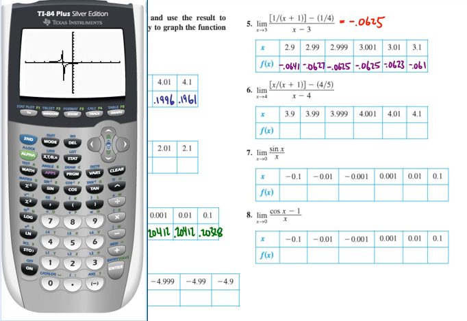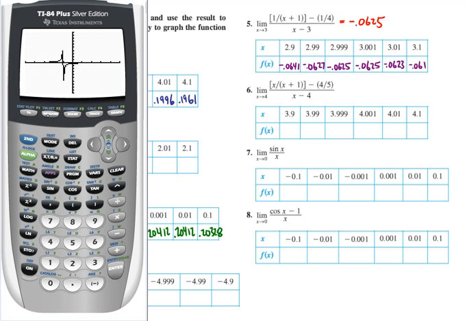Now what you see there is a vertical asymptote. Now the calculator is trying to connect the two sides of the asymptote, but we don't really even care about that. We're more concerned with around x equals positive 3. So you can see there it's very close to the x-axis.